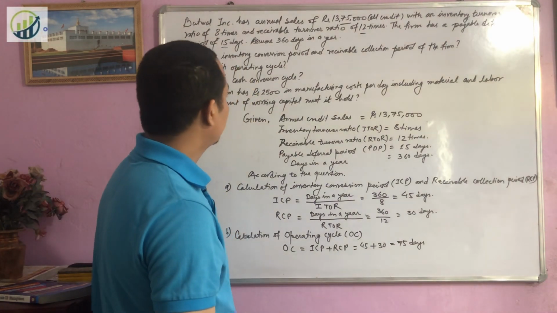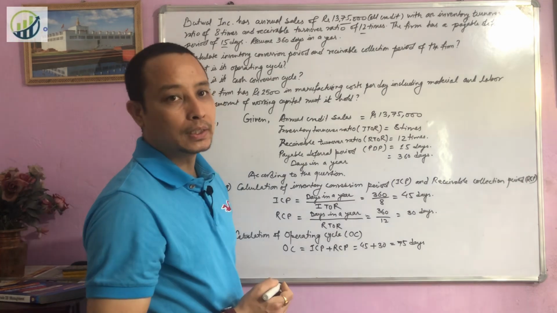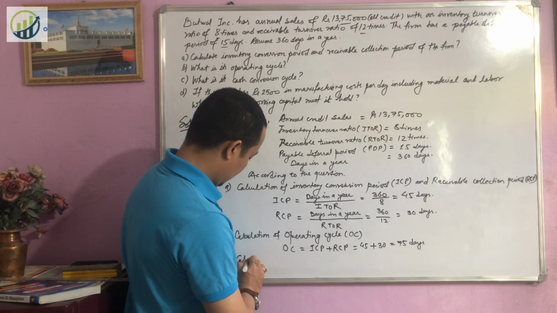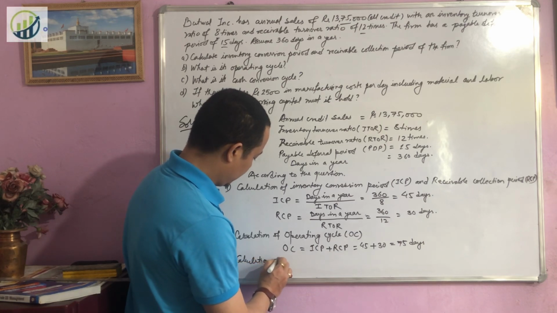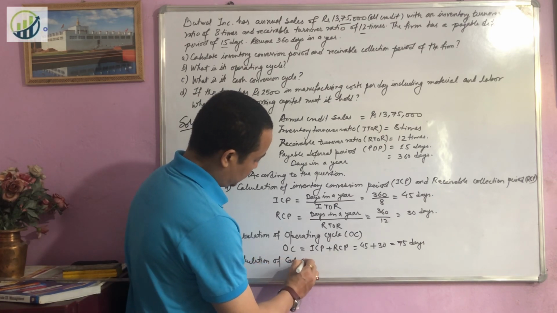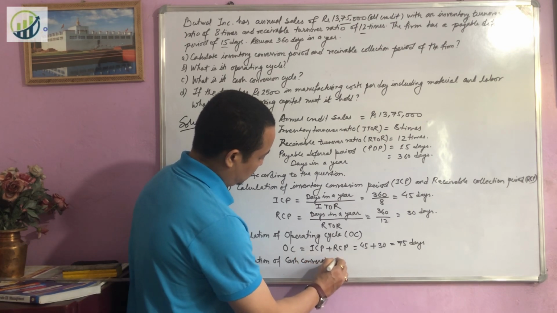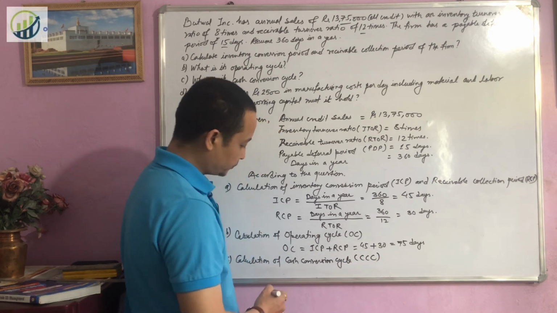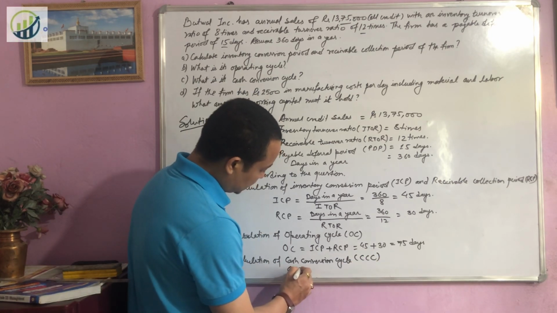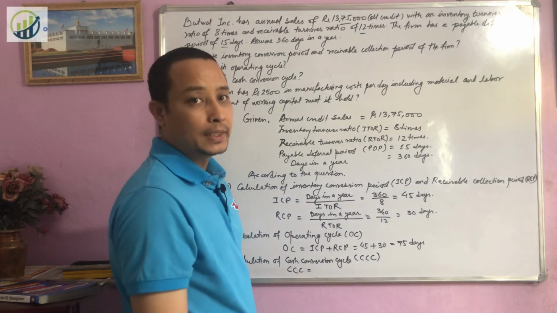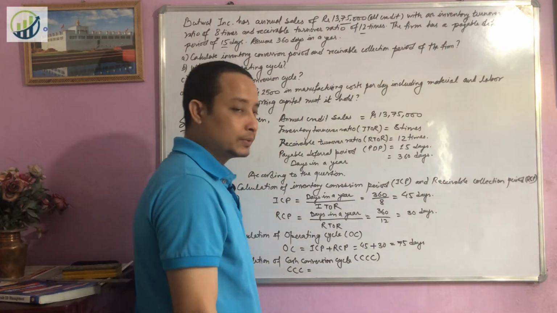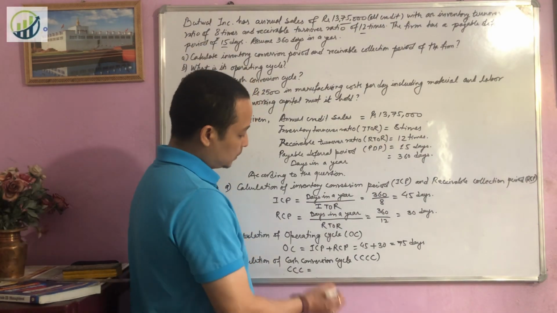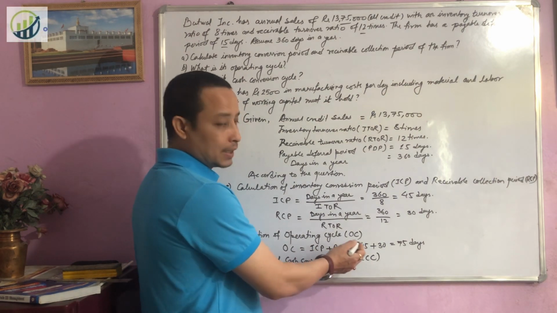Now after finding the operating cycle, you have to find the cash conversion cycle. Calculation of cash conversion cycle, you assume it as CCC. For finding the cash conversion cycle, you have to deduct payable deferral period from operating cycle, or you can also write ICP plus RCP minus PDP.